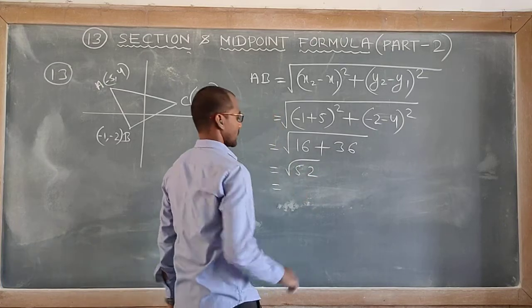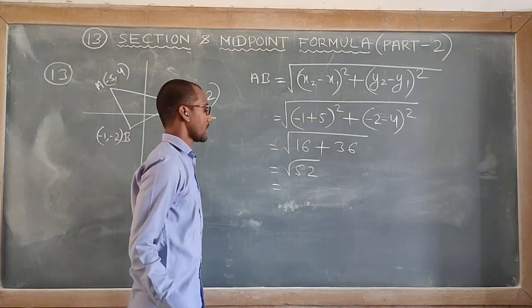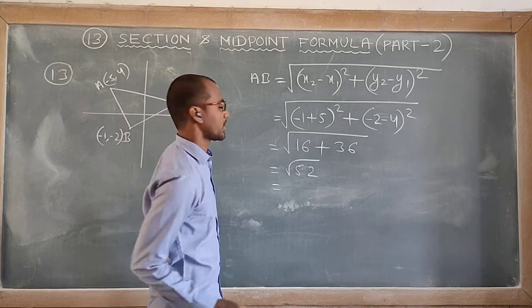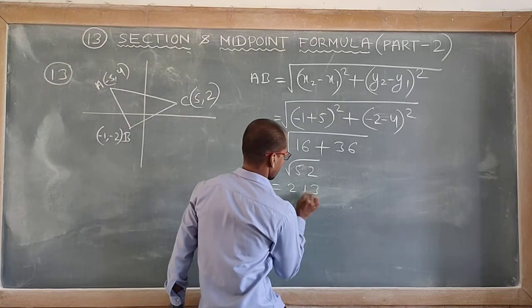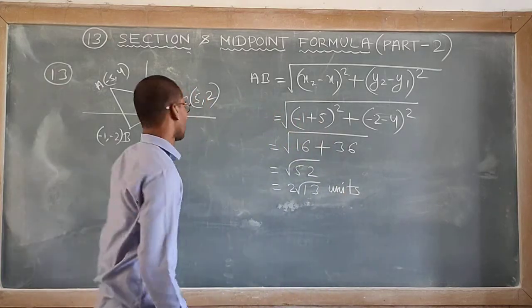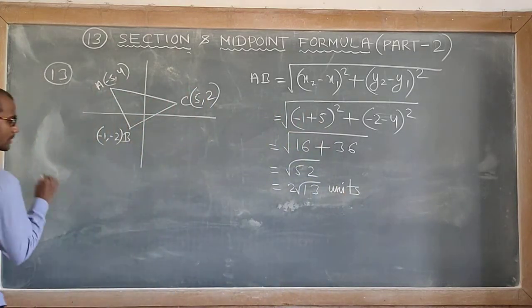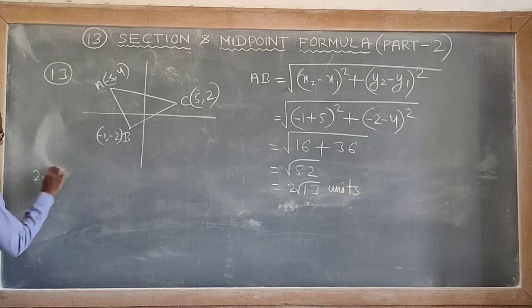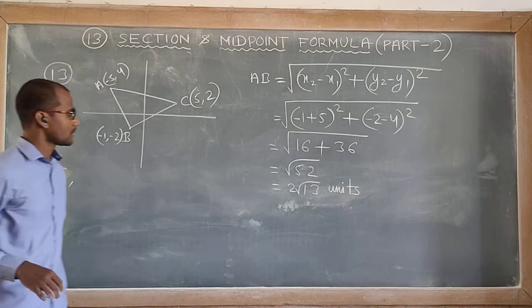Simplified, we get 2 root 13 units. So I am writing here 2 root 13.